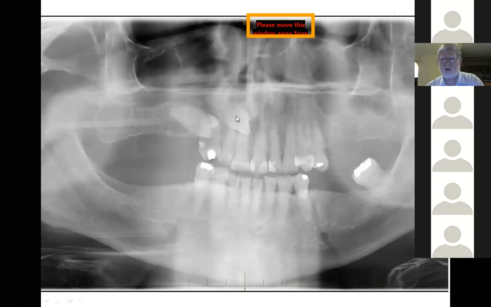Over there, the impacted 3, and then the 5. Elderly patient, lots of wear, incidental finding. If they're not after any dentures, those will probably sit there undisturbed.